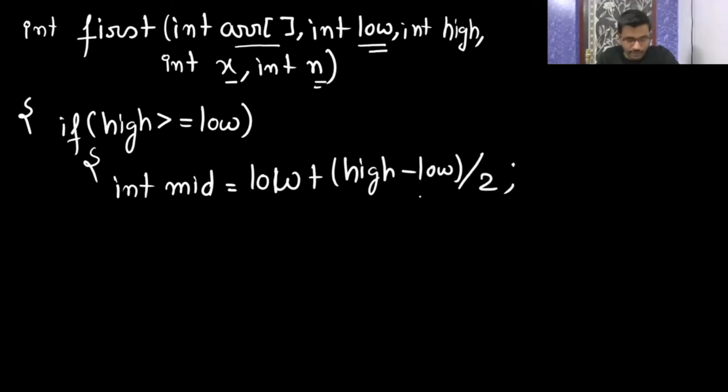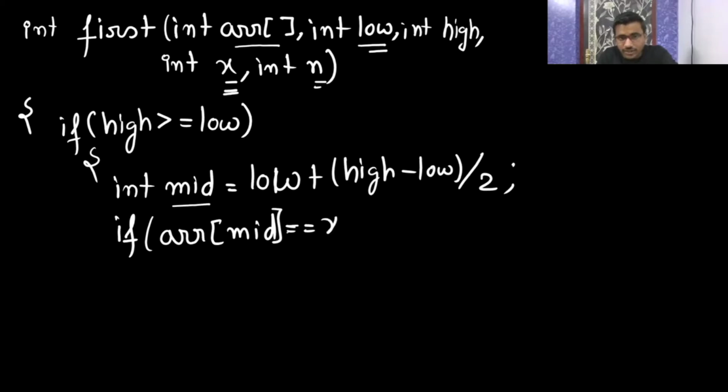Now you will check whether that mid element of the array is equal to x. So here also I am going to compare with the mid element. Now if array of mid is equal to the element that I am searching?